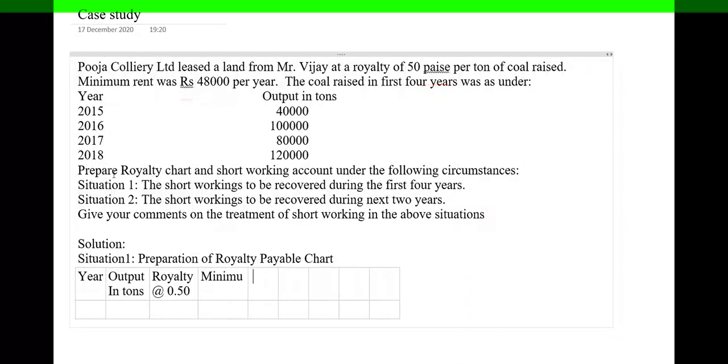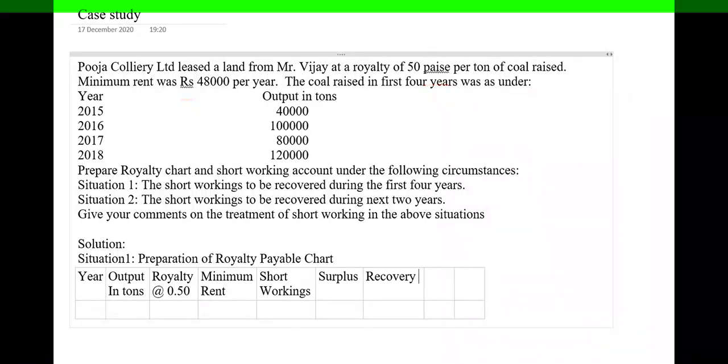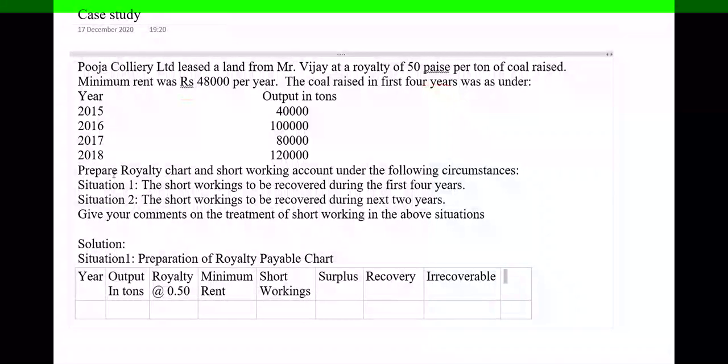Then we have got a minimum rent, then short working, then surplus, then recovery, then the next one here, irrecoverable, then amount payable to landlord.